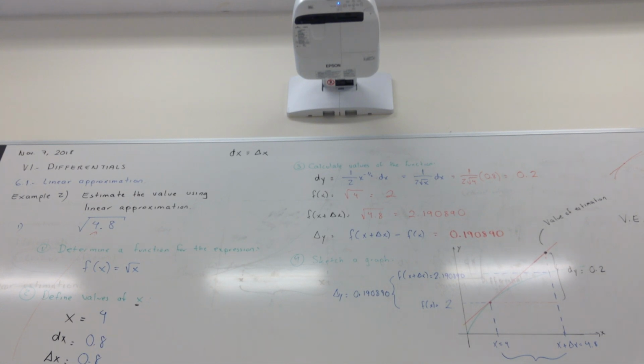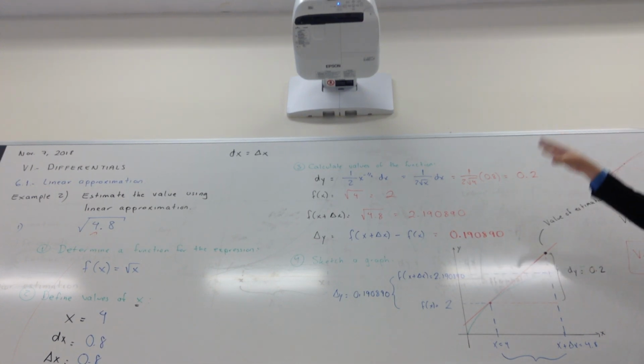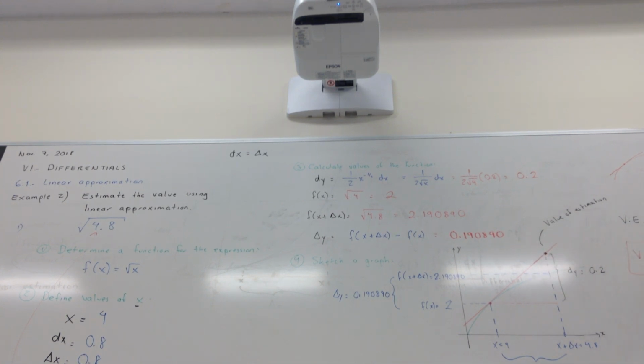Do you understand why? Yes. This is f of x. This is dy. This plus this gives you this one. So it's going to be 2 plus 0.2 equal to 2.2. That's the value of estimation. And that's it. What does that mean? It means that if I were to estimate the answer to that using differential, that's what I get. But the real one is 2.19 something. But this is the estimation. Do you understand? Yes.